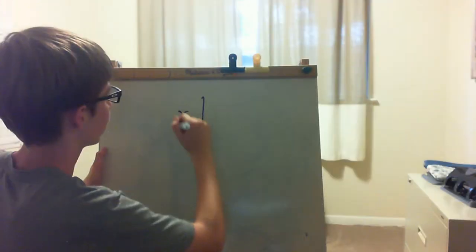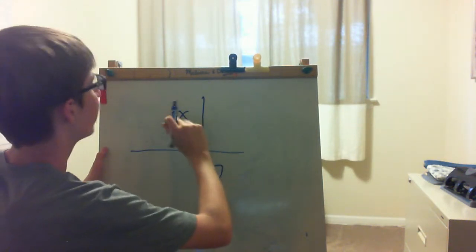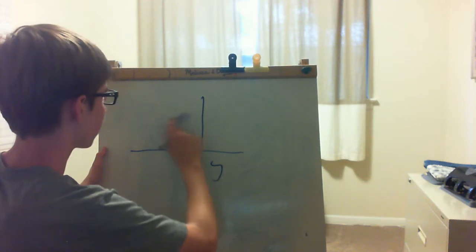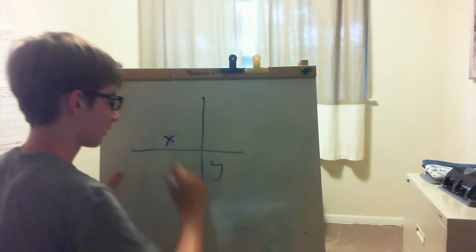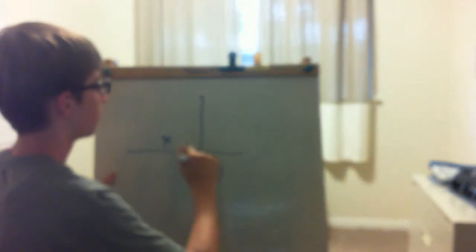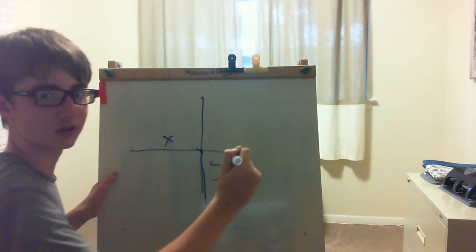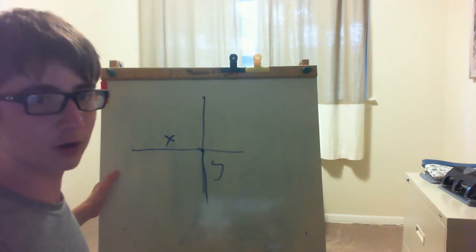Those of you who don't know, the x-axis goes left to right, the y-axis goes down to up, and the z-axis comes out, and it just goes on and on forever.